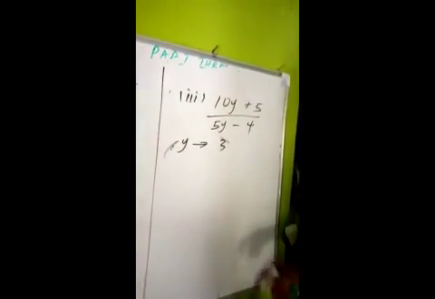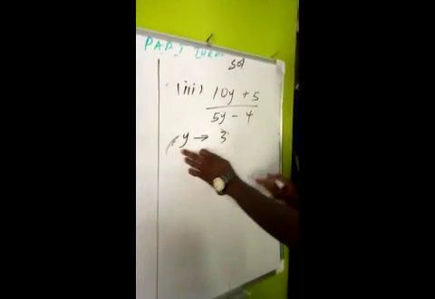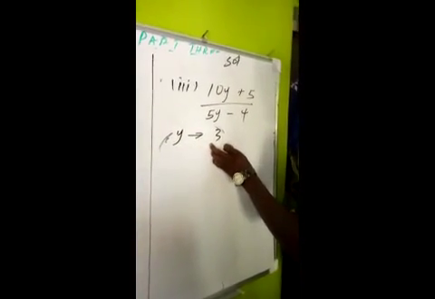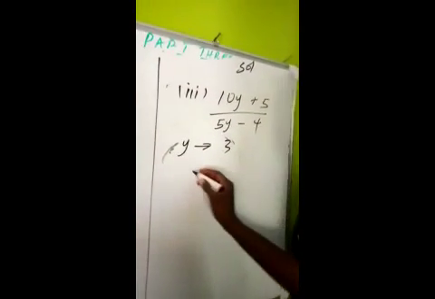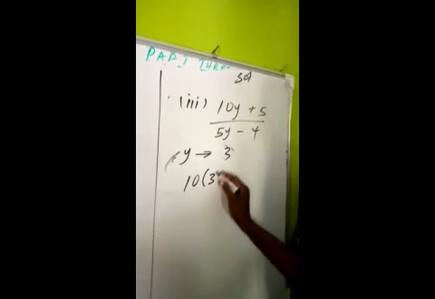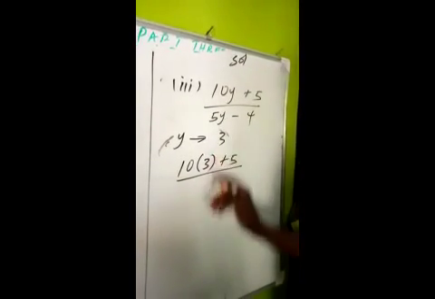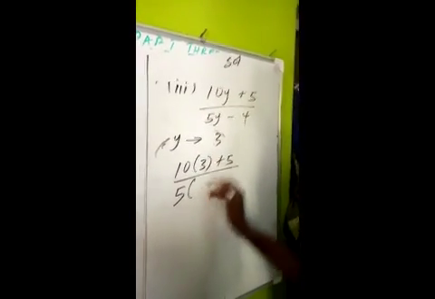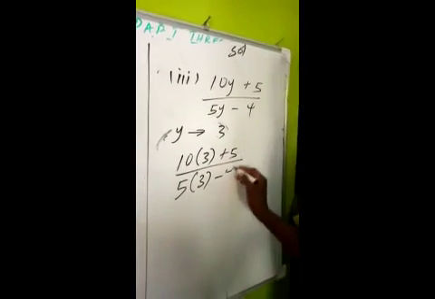So let us solve it now from this point. We are following the same procedure by saying y tends to 3. Simply, any place you see y, replace it with 3. So here I have 10 bracket, my y is 3, plus 5, divided by 5 bracket, this is 3, then minus 4.